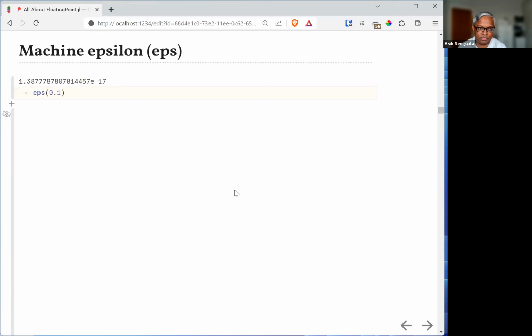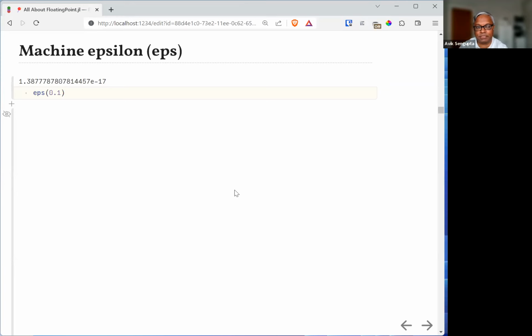In Julia, there's a function called EPS, which if you call EPS on 0.1, it gives you this 10 to the power minus 17 order number, which is a small number. So EPS is basically the difference between 0.1 and the next representable floating point number on the computer.